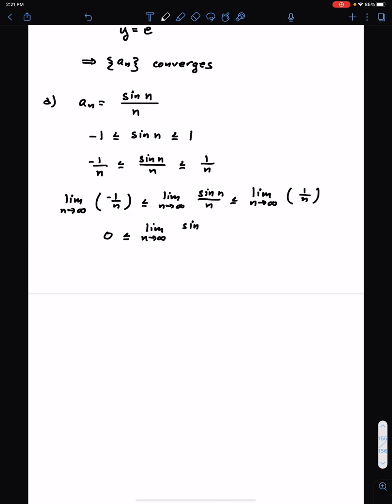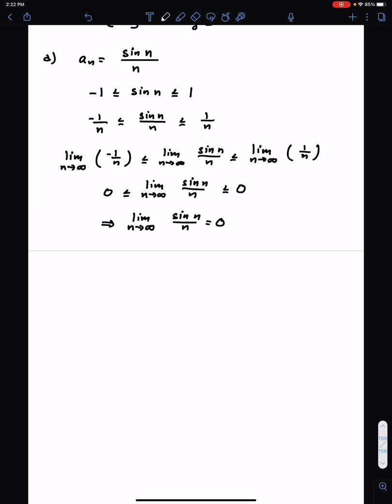The right side, that limit is 0 also, which implies that the limit as n approaches infinity of sine n over n is equal to 0 as well by squeeze theorem, or sandwich theorem, which means that the sequence a sub n converges.